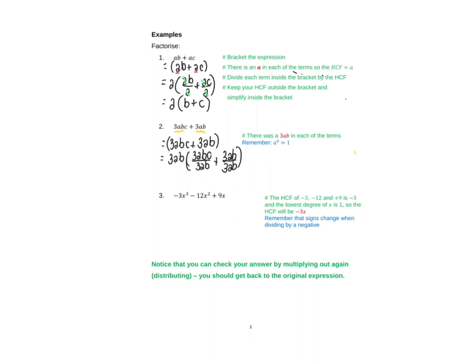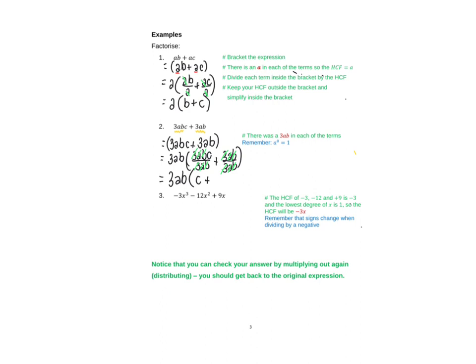Okay, and then we divide in the brackets itself and get the answers. So 3 divided by 3 is 1, a divided by a is 1, b divided by b is 1, and all that remains in that first term in the brackets is c. Plus the second term, we've got 3 divided by 3, a divided by a, b divided by b, and for each one of those the answer is 1.